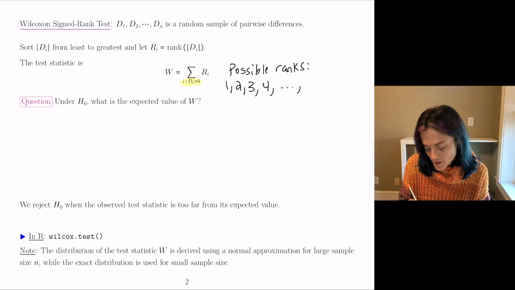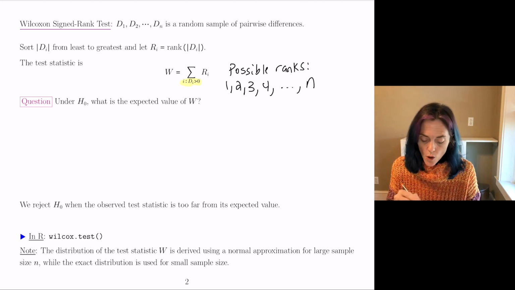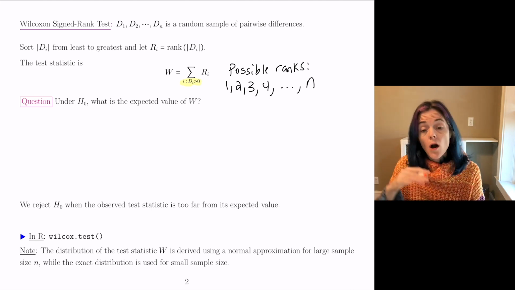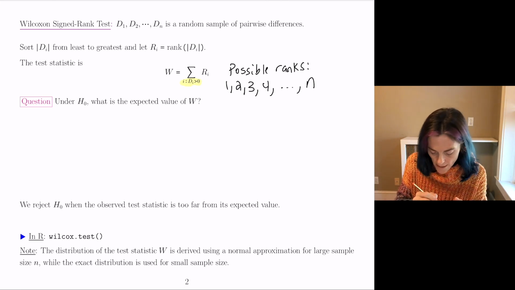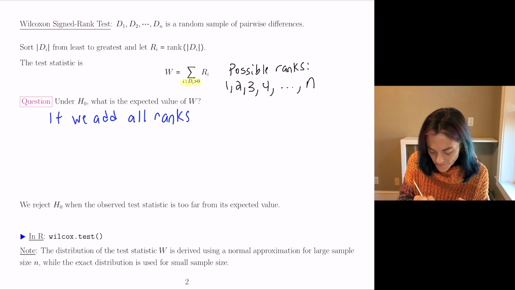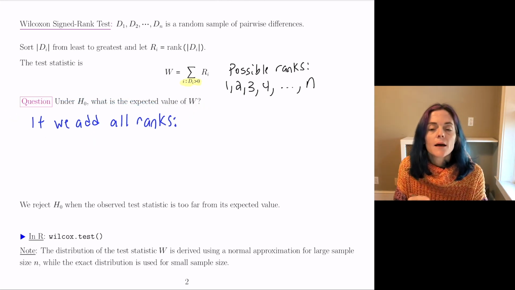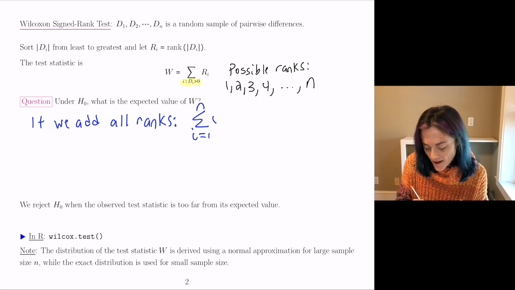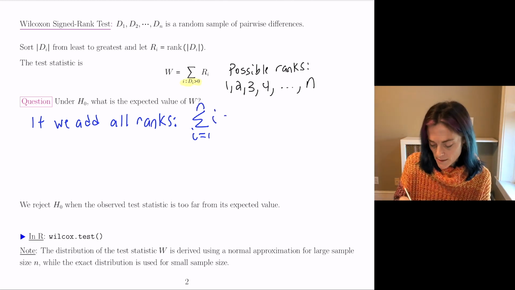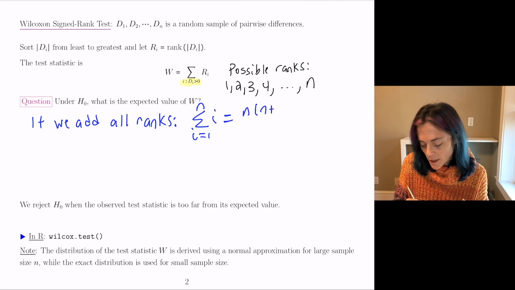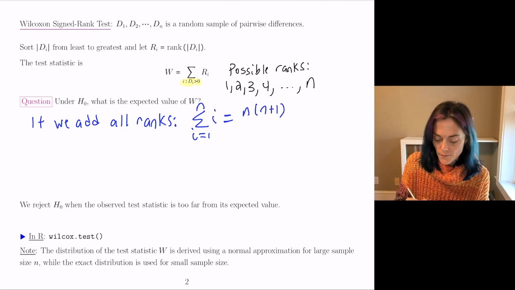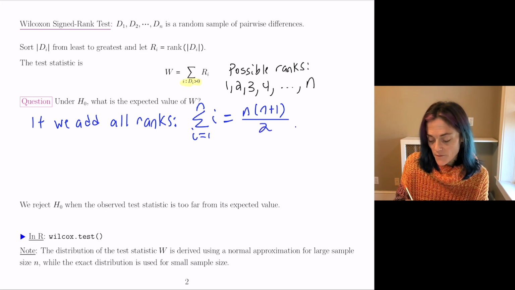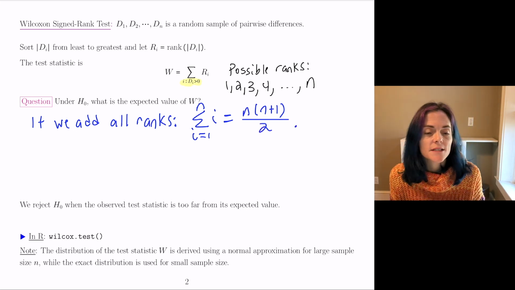If you added up all of the ranks, not just the ones where Di is positive, but all of them, you are adding up the first n integers. I could write this as the sum from i equals 1 to n of i. There's a formula for this: n times n plus 1 divided by 2, the sum of the first n positive integers.